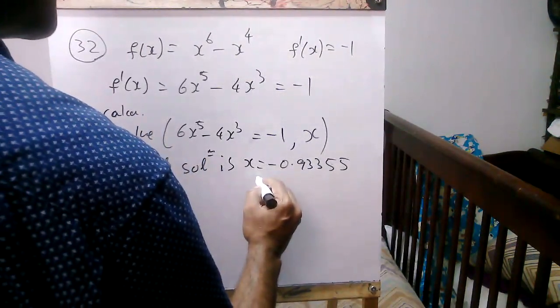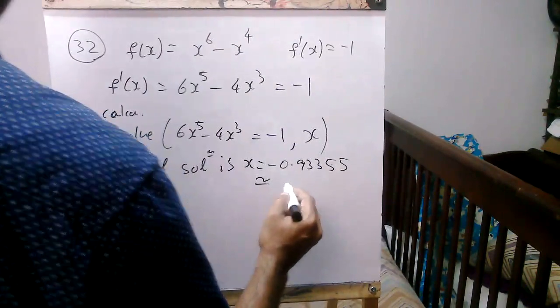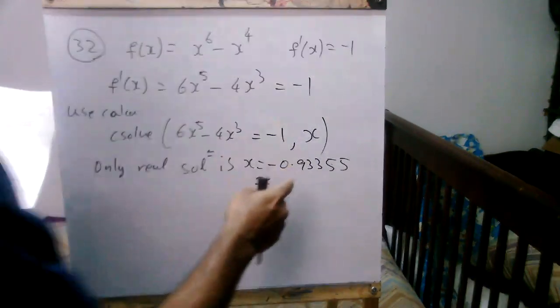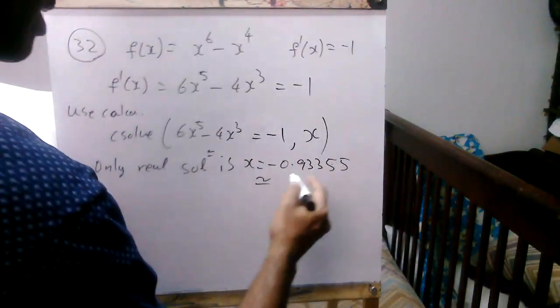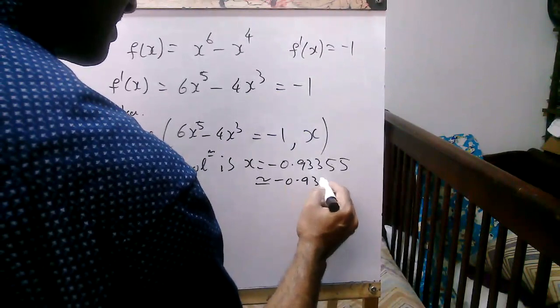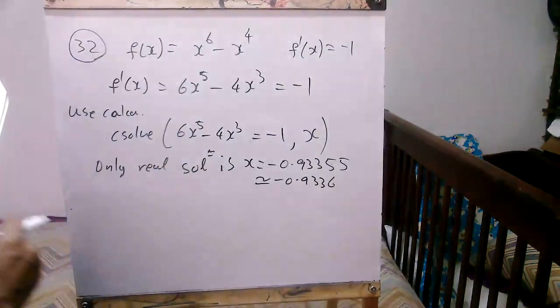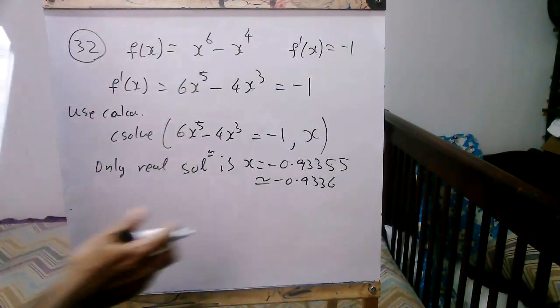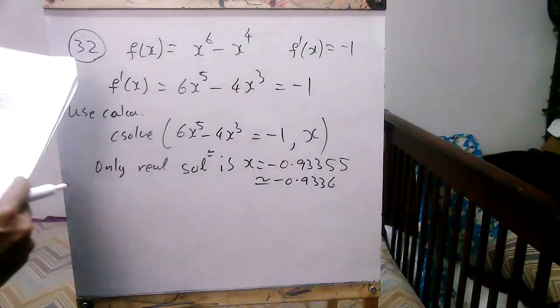Right? So approximate these. Look at the answer choices. It has 3 decimal points. Therefore, let's round this to 4 decimal points: negative 0.9336. Answer choices are with 3 decimal points. We round it to 4 decimal points.